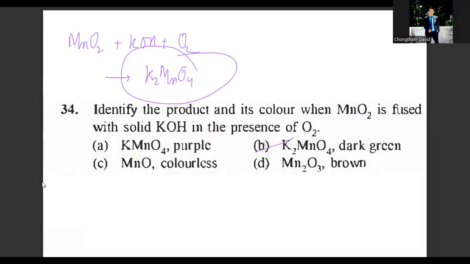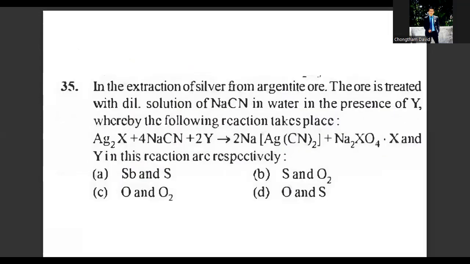Let us read question number 35. In the extraction of silver from argentite ore, the ore is treated with dilute solution of sodium cyanide in water in the presence of Y, whereby the following reaction takes place. X and Y in this reaction are respectively. So in this reaction, we can account silver sulfide reacts with sodium cyanide and oxygen.